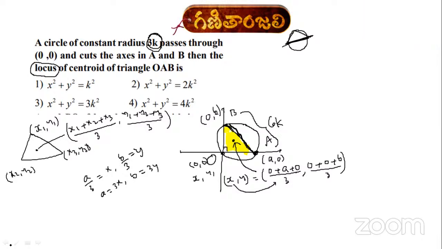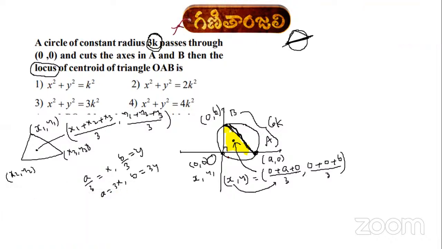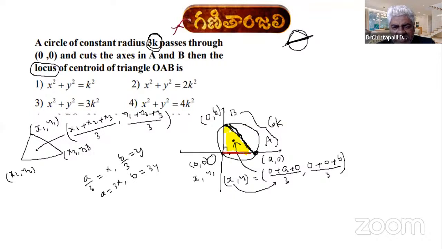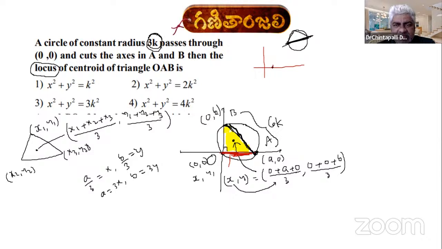And one more thing: how did we take the coordinates of A? What are the coordinates of A? (a, 0). That means, Tanika, can you tell what is its distance? What is the length of this red line? Since the coordinates of this point are (a, 0), the length of this red line is nothing but a.